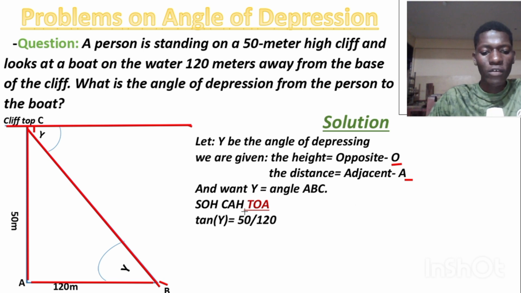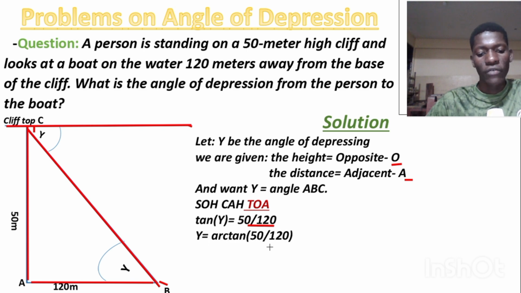So tan y equals 50 over 120. So we are looking for the tan inverse of this. So y equals tan inverse of 50 over 120.